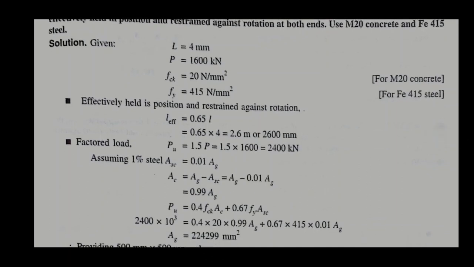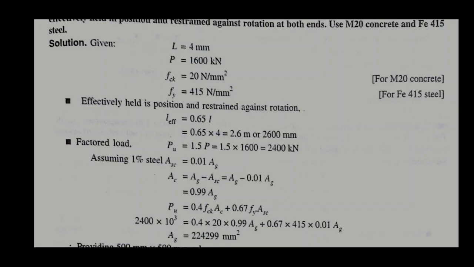Okay, now value of Pu we have calculated earlier, we just multiply the load factor, that is 1.5, with axial load P. So now our Pu is 2400 into 10 cube, that is equal to 0.4 into 20 into 0.99 Ag plus 0.67 into 415 into 0.01 Ag.